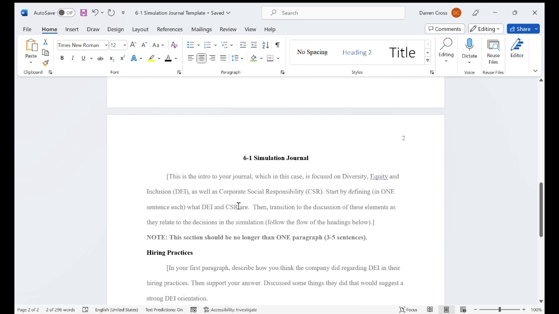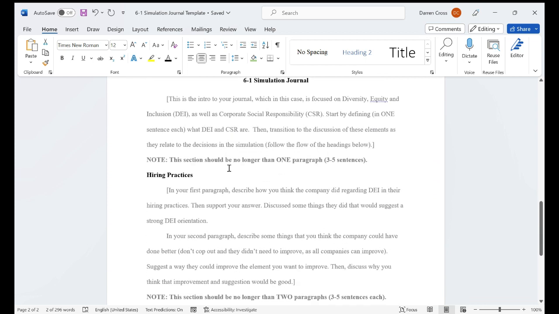Corporate social responsibility is a company's goal to 1, 2, 3, X, Y, Z. Then you're going to transition right to a discussion of these elements as they relate to the simulation. So you could say, here's a definition of this, here's a definition of this, and following is a discussion of DEI and CSR as they relate to my experience with the simulation. That's it. That's all you've got to do.